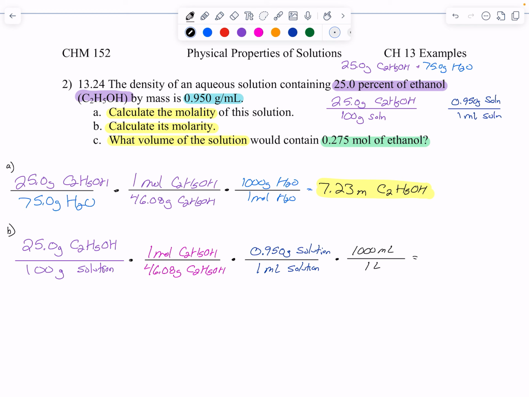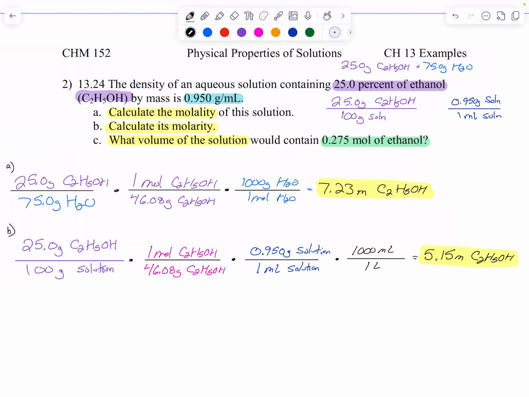So let's try that: 25 times 0.95 times your 1,000 divided by your 100 divided by our 46.08. So I get 5.154, so 5.15 M C2H5OH. So there's my answer to B.